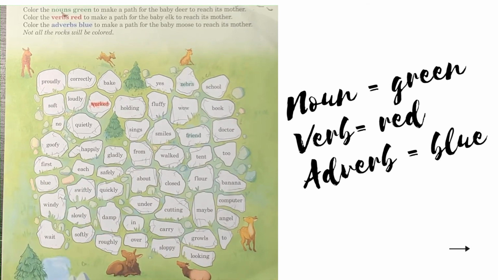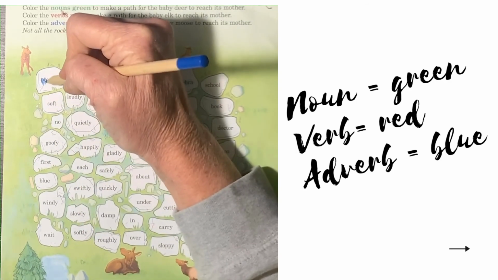Proudly. Is that a person, place, or thing? No. Is that something you do? Can you proudly? No. It would describe something you do, like I got the award proudly. Proudly I got the award, so we know that's describing a verb. So there's your adverb. That's the blue.